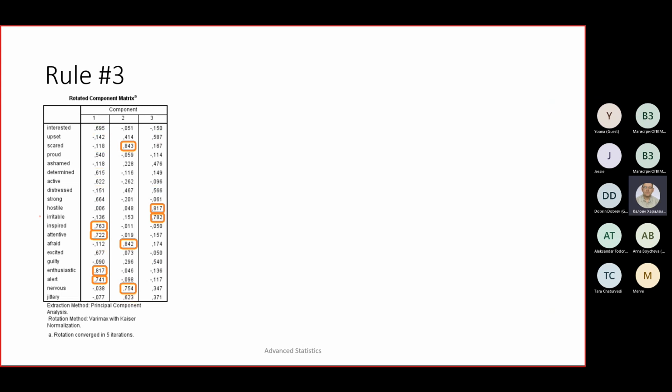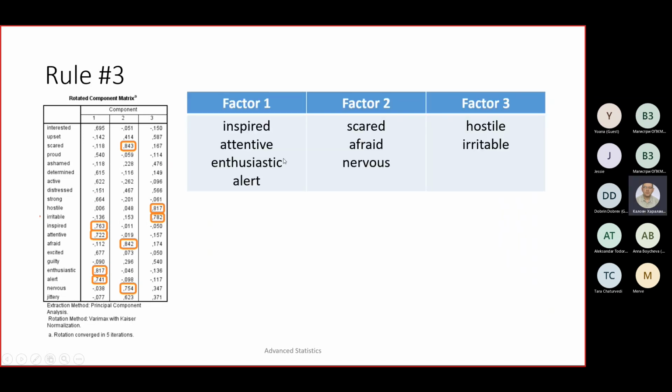If we perform rule number 3, more factors disappear because the absolute values in these rows are less than 0.7, and here 3 lists are shorter than in the previous case.